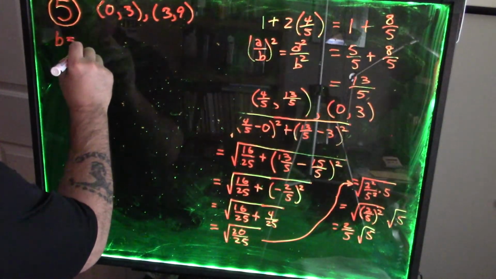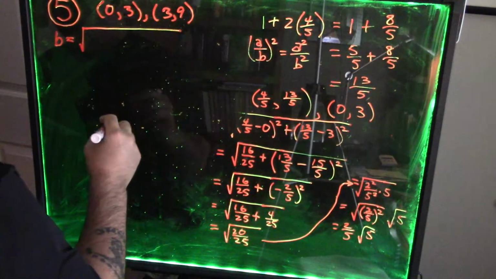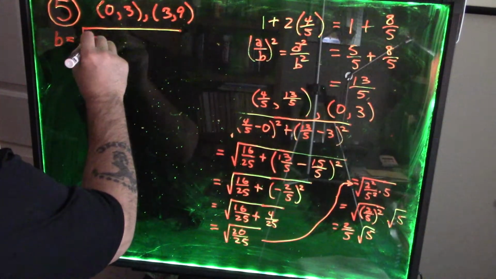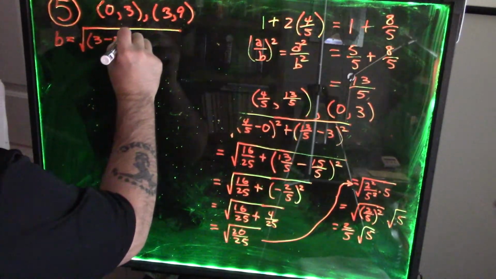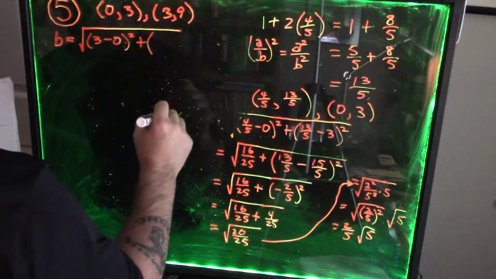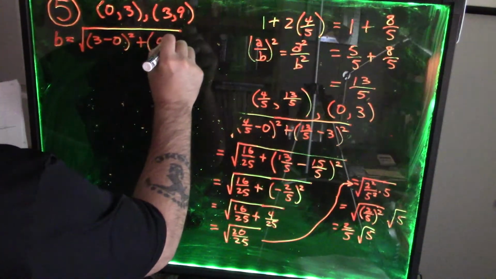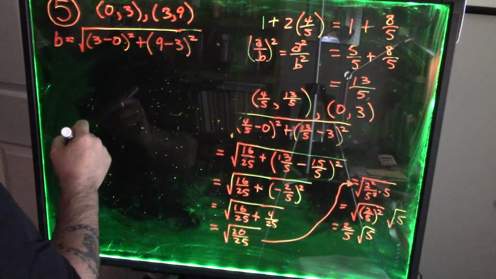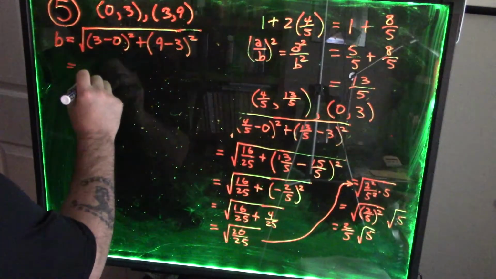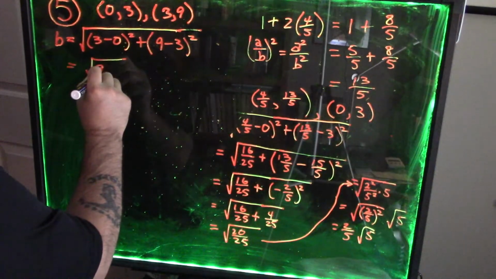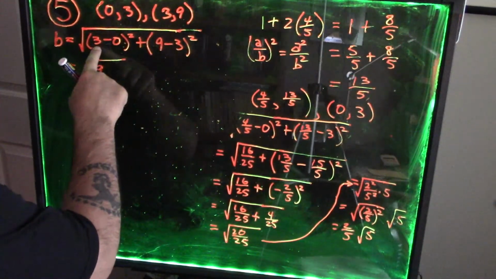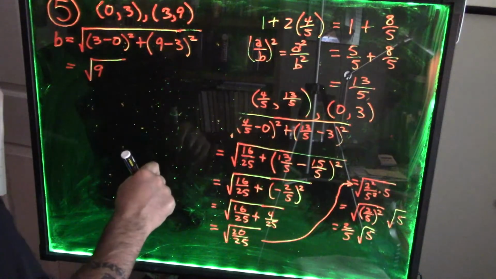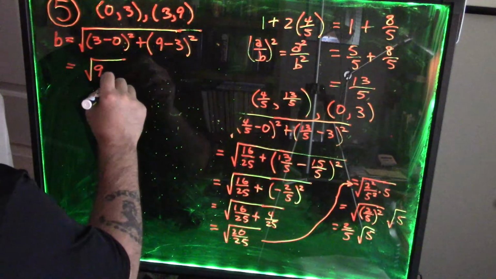So that would be b, the distance. That equals the square root of (3 minus 0) squared plus (9 minus 3) squared. And that equals the square root of 9, 3 squared, and then 9 minus 3 is 6, 6 squared is 36.